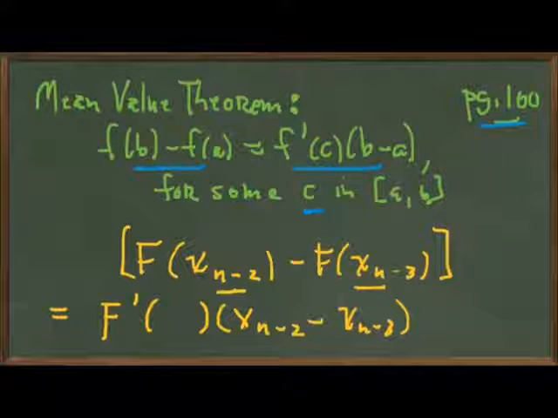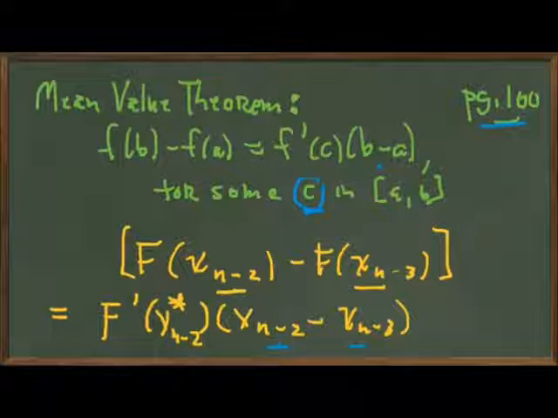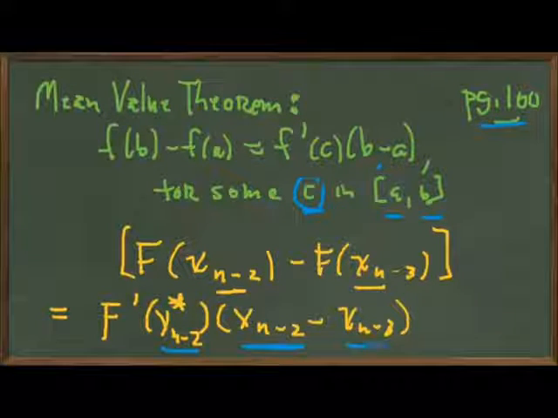And that value between we're going to call x sub n minus 2, and we're going to put an asterisk on it to designate that it's between these two values, just like the C right here was between the A and the B. The C was between this A and B, and now down here our x sub n minus 2 asterisk is between this value and this value.